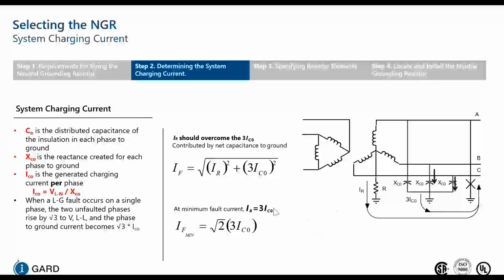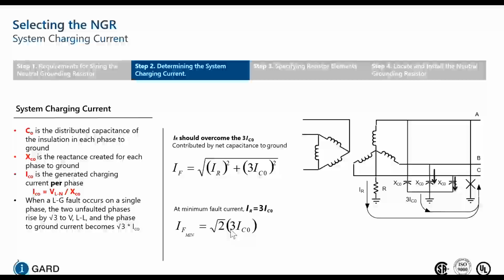So you can realize if you had an ungrounded system here, we can actually put a fault on A phase to ground, and we can measure at the point of the fault only what the capacitive charging current is. If you have a fault on a resistive grounded system, you can measure the current at the point of the fault, and the current through the resistor, and we can calculate what the charging current is because we have this formula.